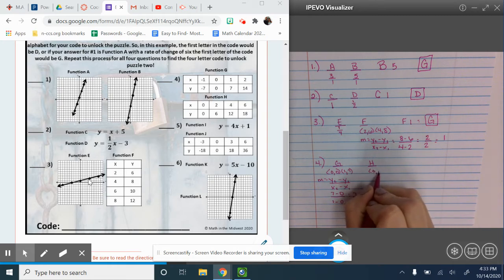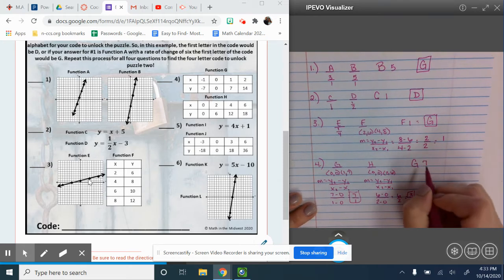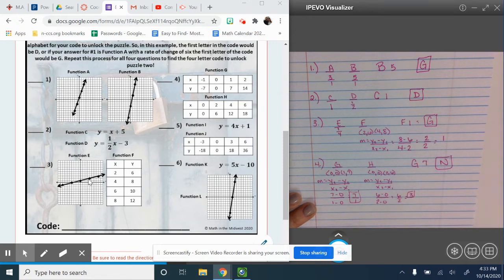For H, I have (0, 0) and I have (2, 6). Again, I'm going to write down my formula and then plug in what I know. 6 minus 0 over 2 minus 0, 6 over 2, which gives me 3. Now, which of these is larger? It would be the 7. So G is larger by 7. So when I go 7 letters past G, I'm going to get to the letter N.